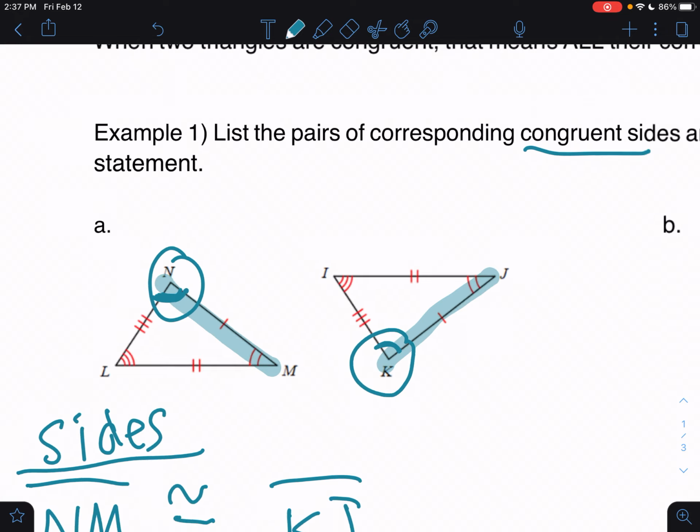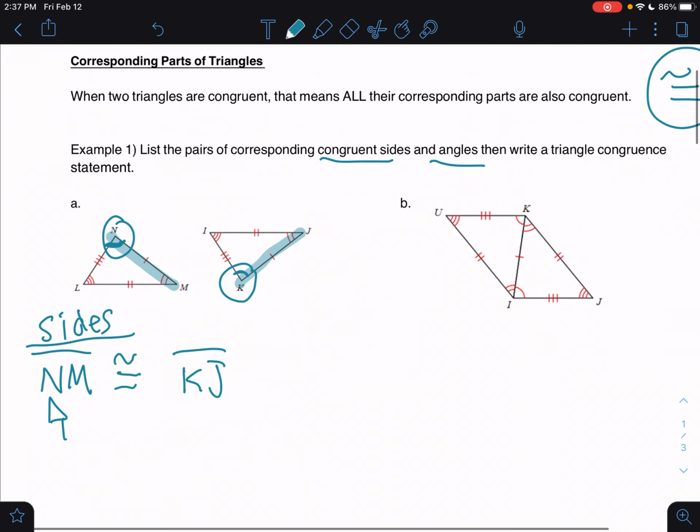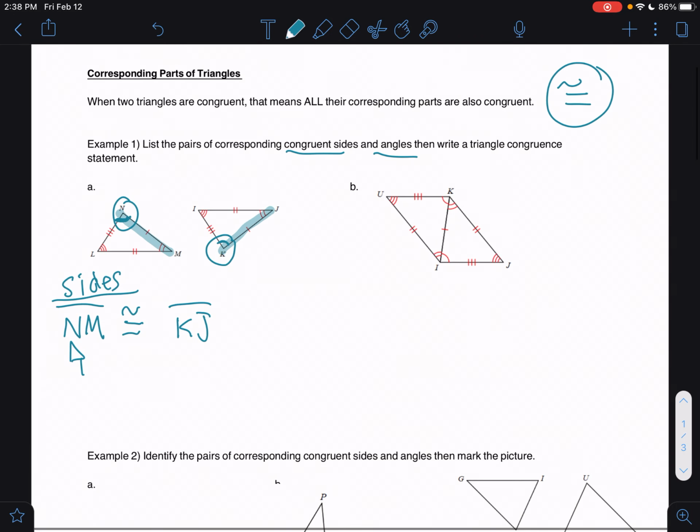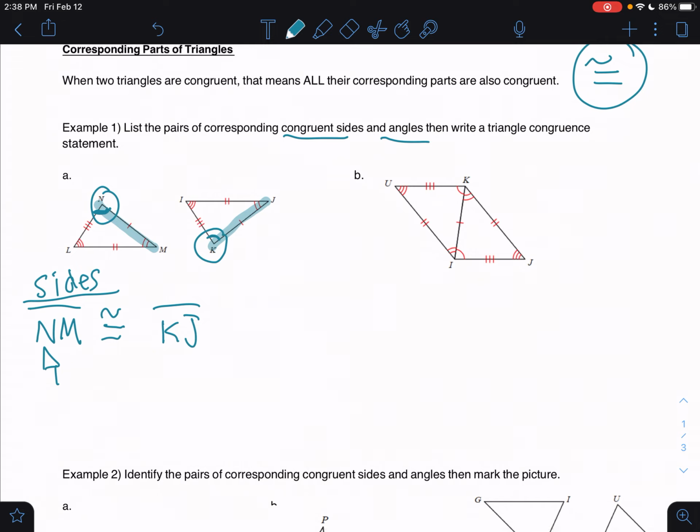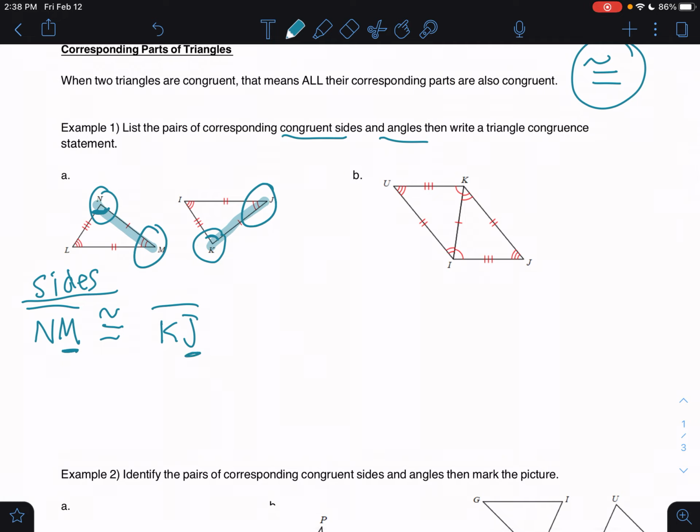And so both of these lines need to start with N or K. And then it goes to the one with 2 marks, so M and J. So M and J both have to be our second letters. So that's where the order is mattering for these. It will also matter when we do our triangle congruence statement, which we'll do at the end.